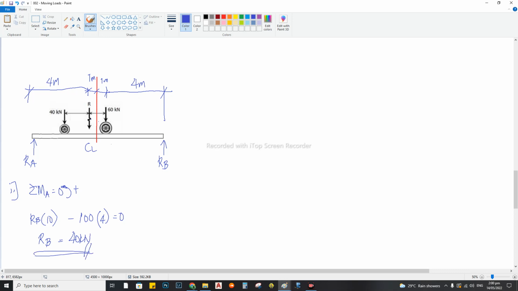Next, unsay buhaton nato? So same gyapon ato i-cut diri at point or at load 2. So cut at load 2 and then determine the moment. Determine the moment at load 2.